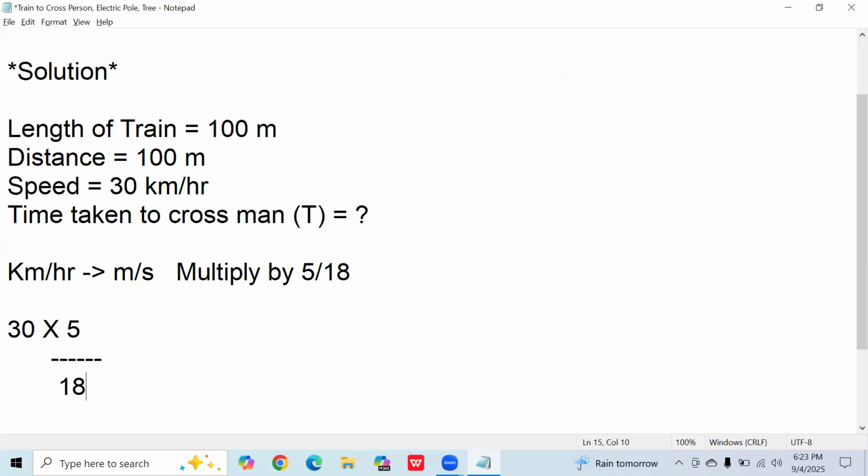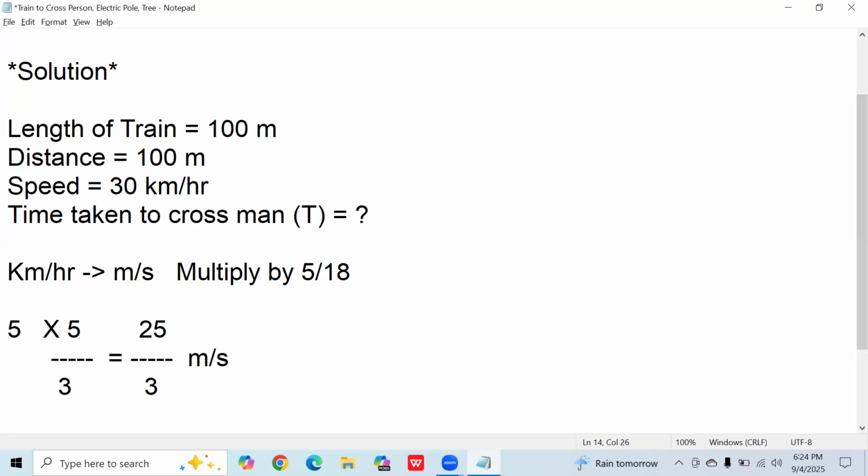Let's simplify this. We know that 6 3s are 18, 6 5s are 30. So 5 into 5 becomes 25 and 3 will be as it is. So can we say that the speed of the train is 25 upon 3 meter per second.